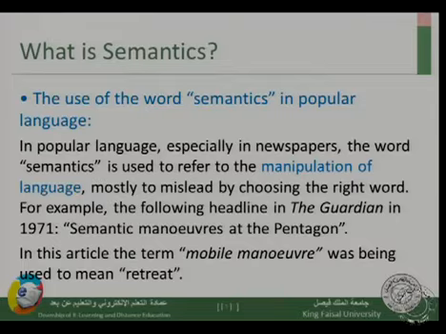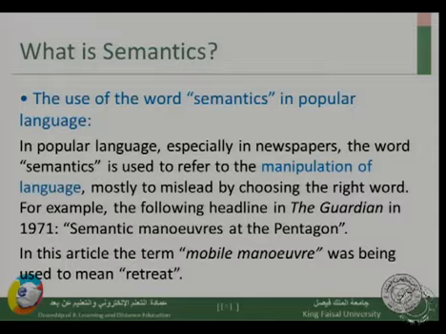So, for example, in an article in The Guardian called Semantic Maneuvers at the Pentagon, published in 1971, the word semantic is not used in the same way as we use it in linguistics. It is used here to talk about the manipulation of language.